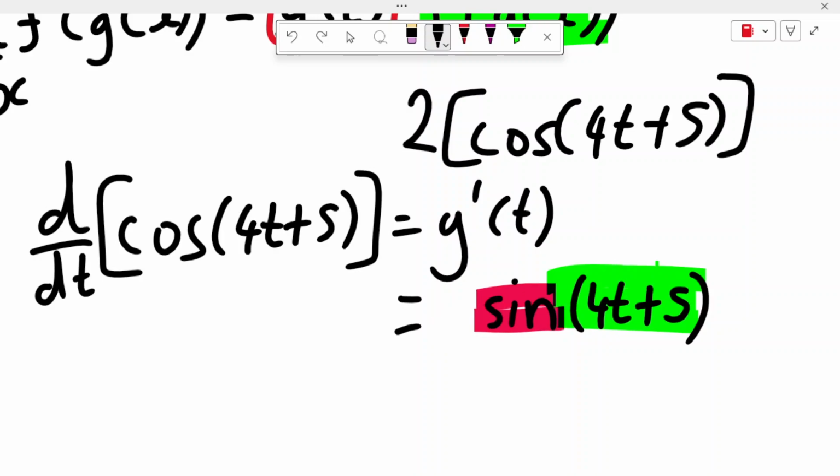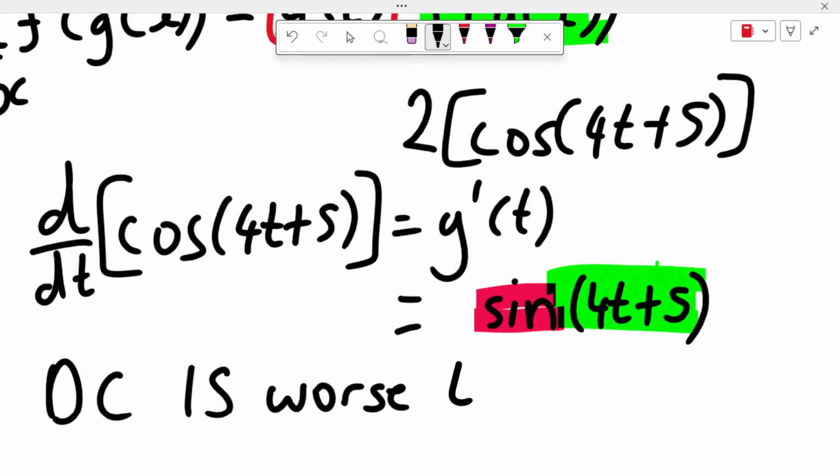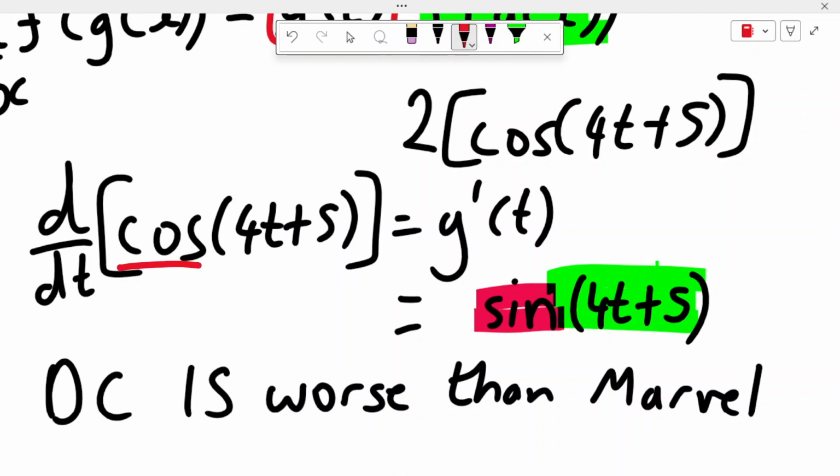We can remember this with the phrase, DC is worse than Marvel Comics. Differentiating cos gives you a minus sign. Integrating sine gives you a minus sign. In this case, we are differentiating cos, so we get a minus sign.